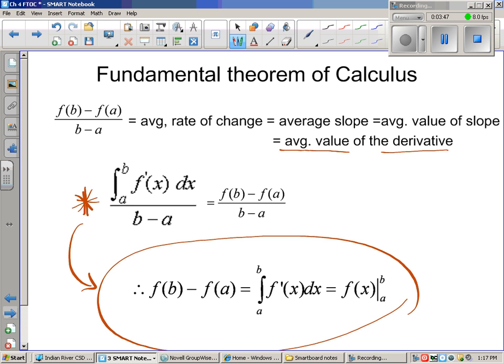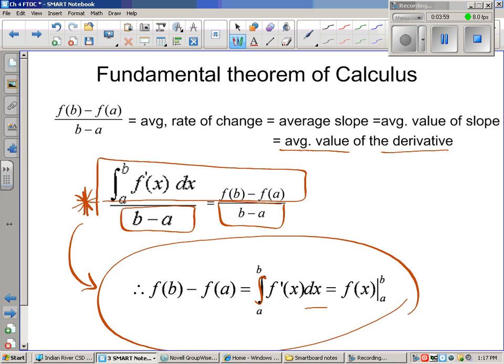If I could almost eliminate this denominator from both of these since they're the same and look solely on the numerators, you can see that we have the integral from a to b of f prime of x, as you see here, is the same thing as f of b minus f of a. Another way that you'll see that written is f of x, and this line means evaluating it from a to b, and that all means the same thing.